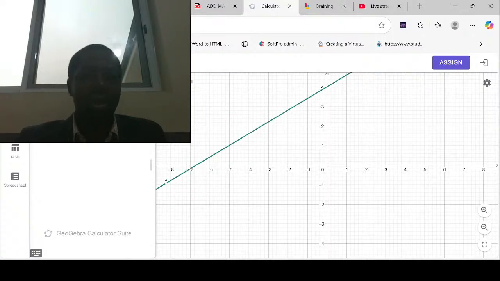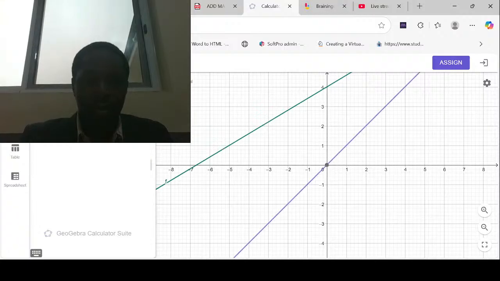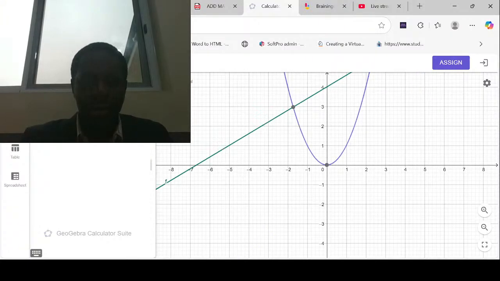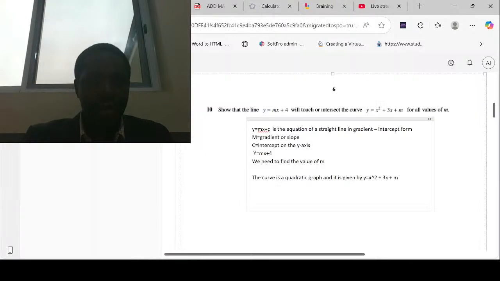Okay. So again, we have y equals x squared plus 3x, not 4x, from the question.